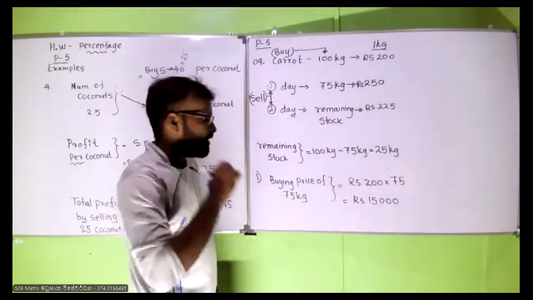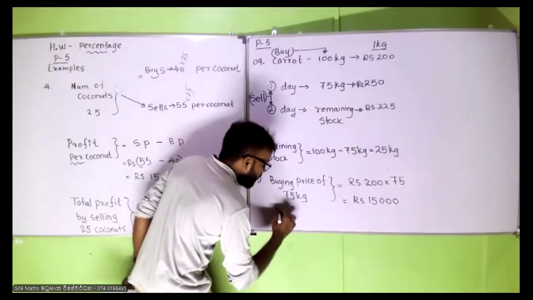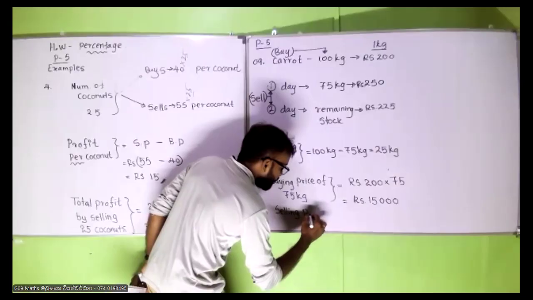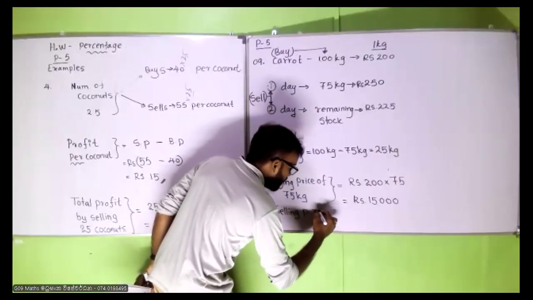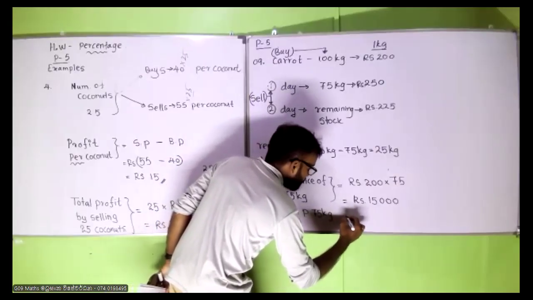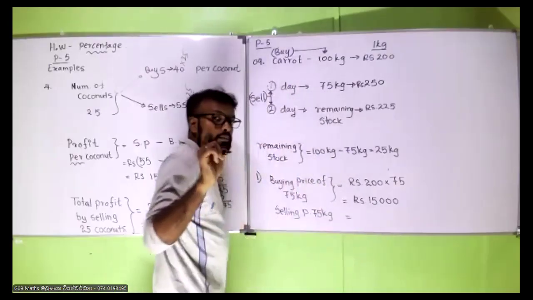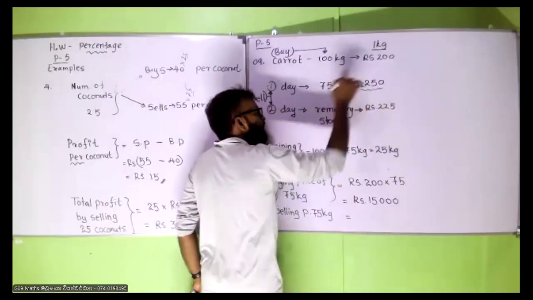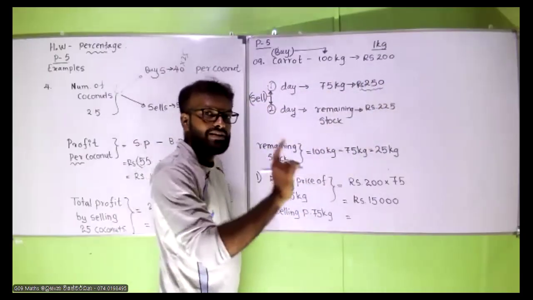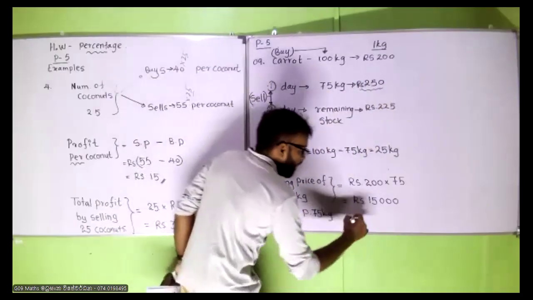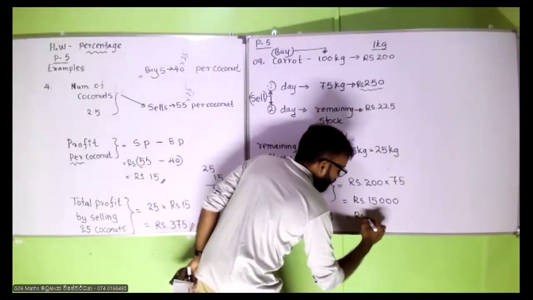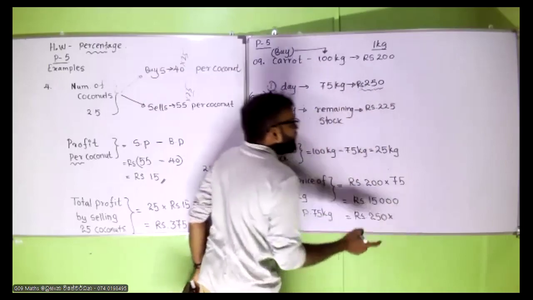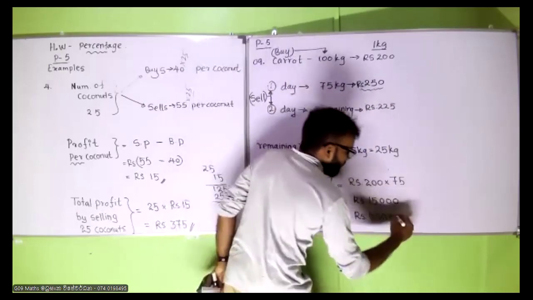Now we are going to calculate the selling price of the same 75 kilograms. What is the selling price of the first day? 250 per kilogram. One kilogram is selling for 250. Right? So 250 into the same 75 kilograms.